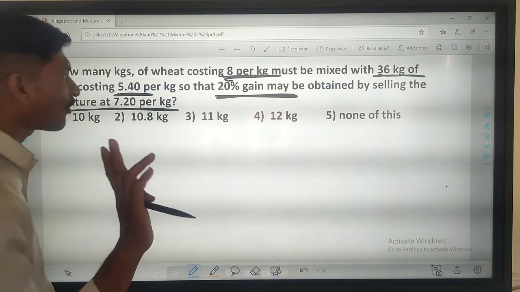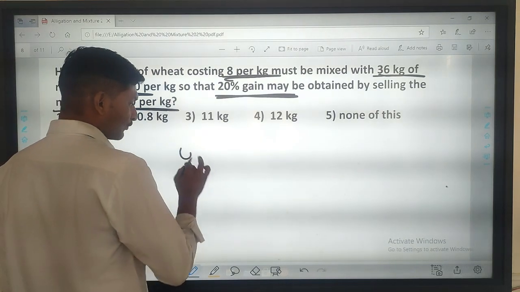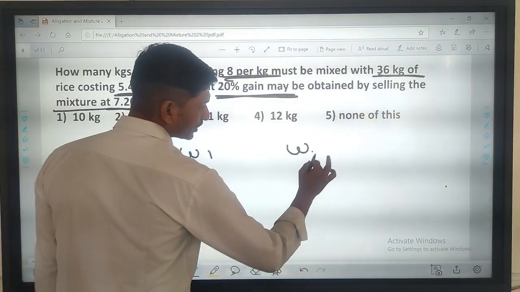There are two types of wheat. First write wheat 1, wheat 2.